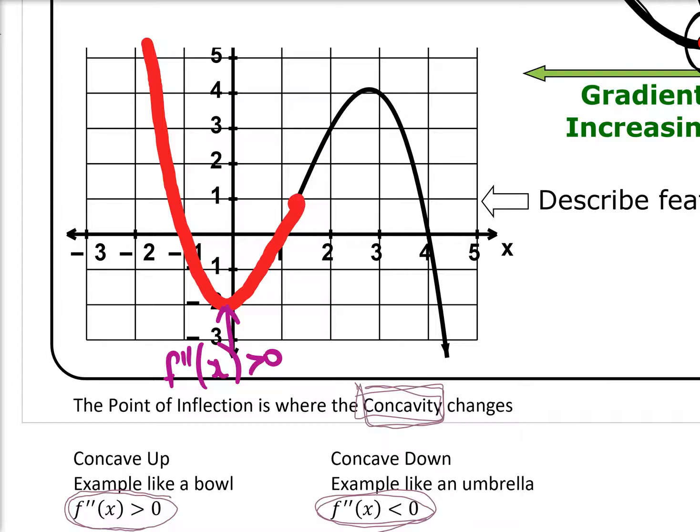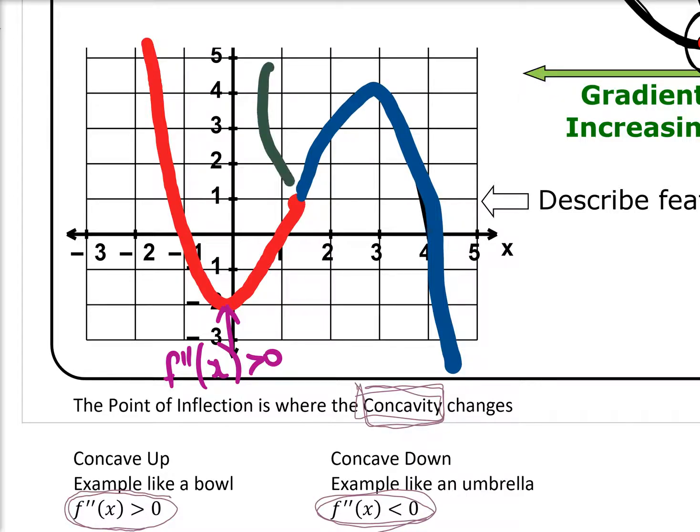Next one here, I tried to get a fat pen, but it didn't work. That stuff there is like an umbrella. Now this point in the middle here, I've just tried to guess. I'm not saying it is exactly that point. But that is where my second derivative is less than 0. Second derivative less than 0 means I've got a local maximum.